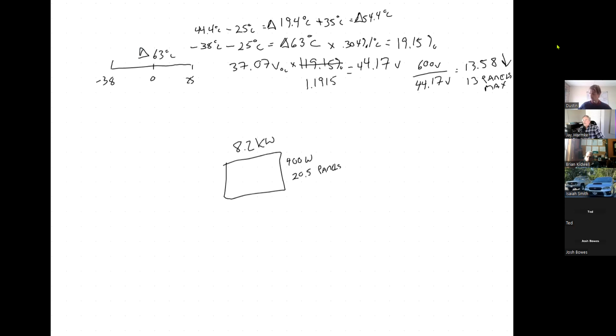Now we take that 54.4 degrees Celsius times the temperature coefficient at VMP, which in this case is 0.36. 54.4 times 0.36 is 19.58.